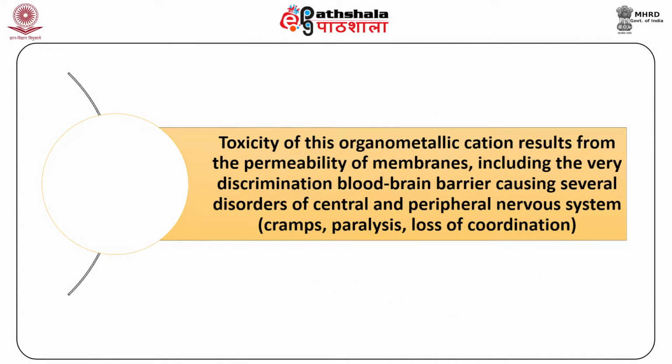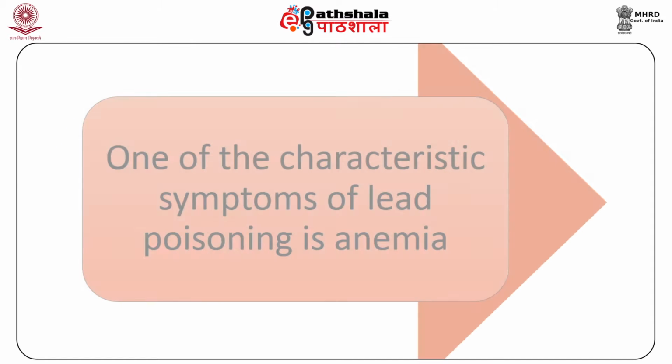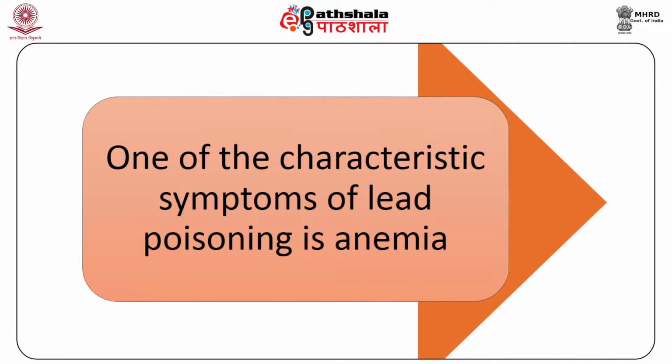Toxicity of this organometallic cation results from the permeability of membranes, including the very discriminating blood-brain barrier, causing several disorders of central and peripheral nervous system, cramps, paralysis, loss of coordination. One of the characteristic symptoms of lead poisoning is anemia.